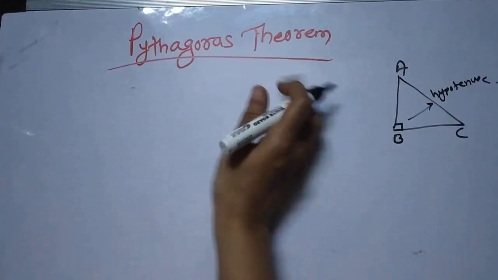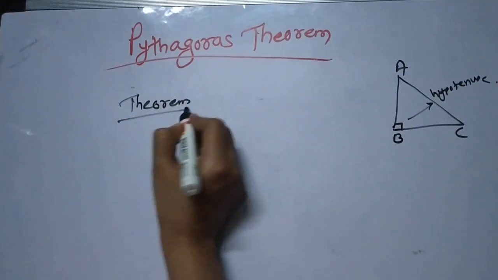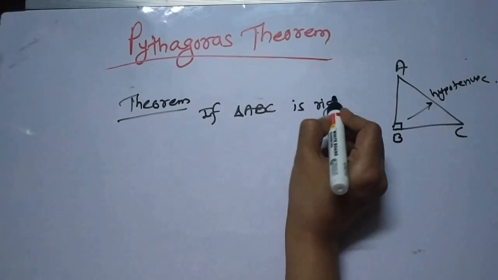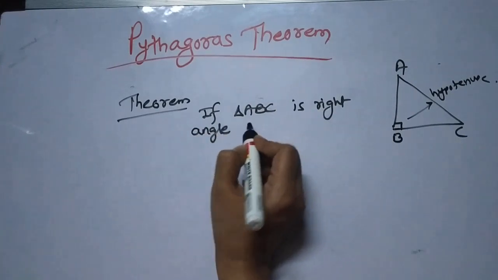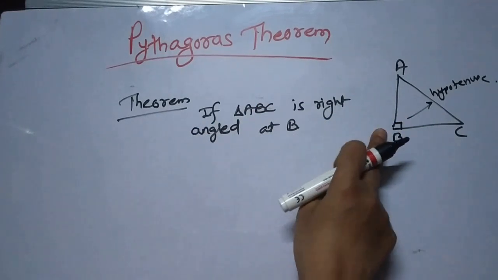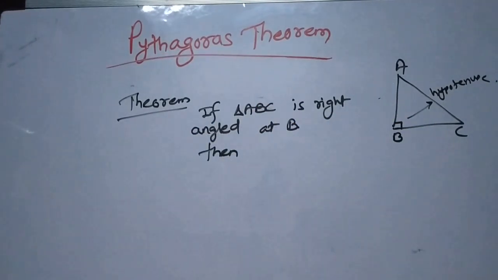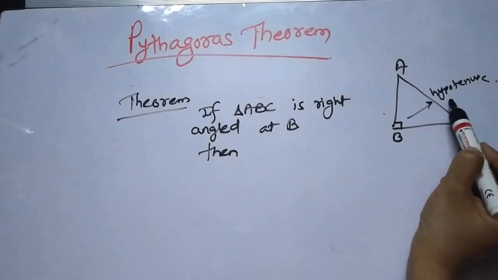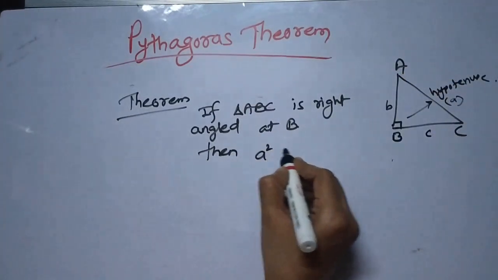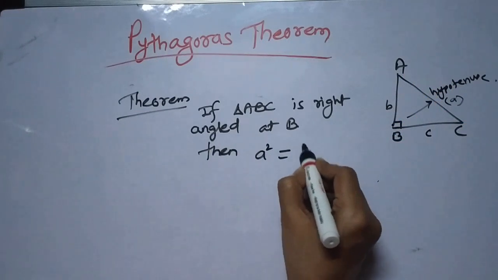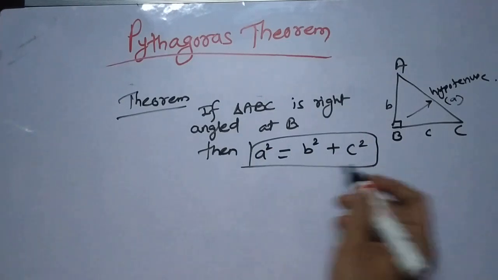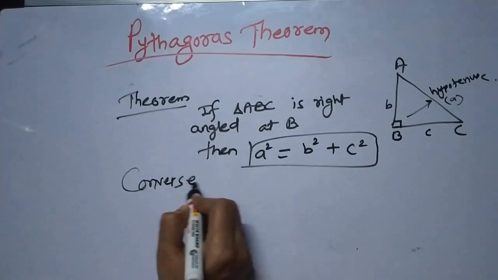The Pythagoras theorem says that if a triangle ABC is right angled, meaning any one angle is 90 degrees, here it is right angled at B. Suppose we name the sides: the hypotenuse side A, and the others B and C. Then A square, that means hypotenuse square, is equal to B square plus C square. This is the theorem. And its converse, the reverse, we'll see, is also true.